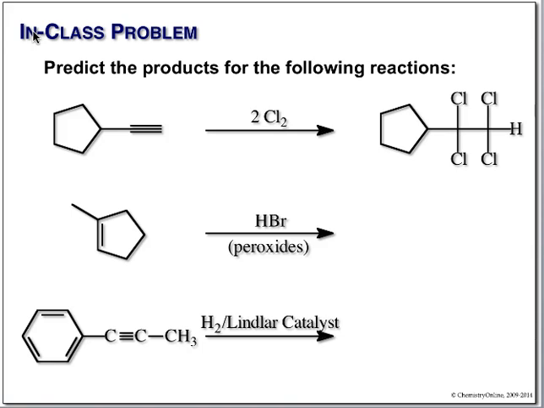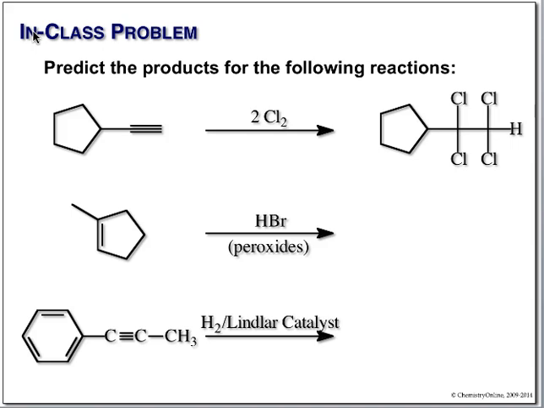This is cheating, going back to chapter 8. We didn't do HBr peroxide with an alkyne because it doesn't work. But we remember, when we see this reaction, what does it scream to you?